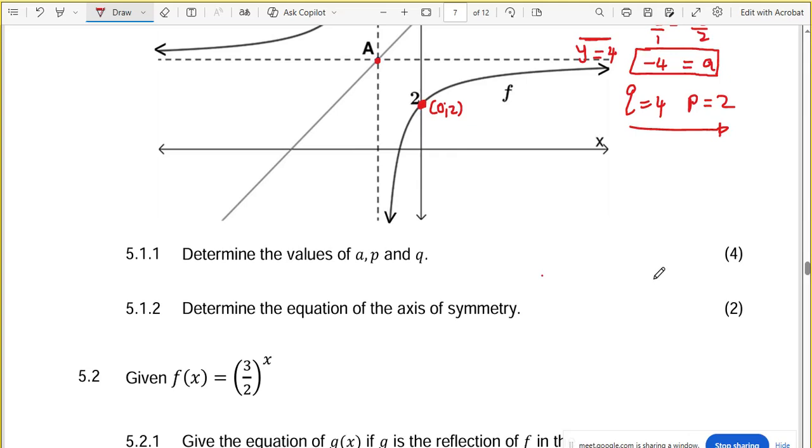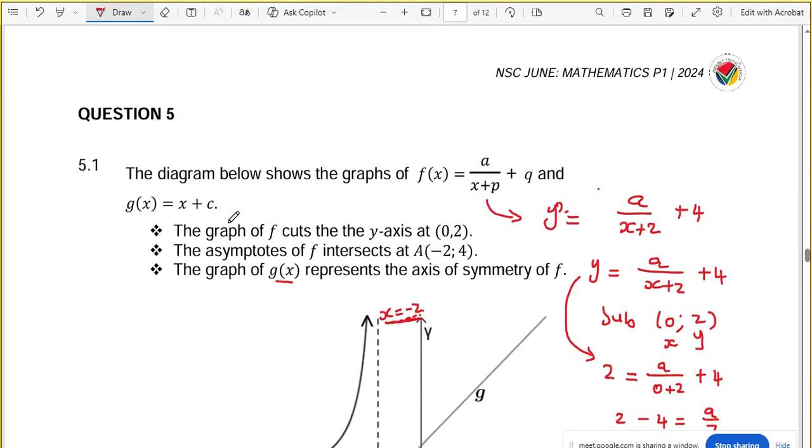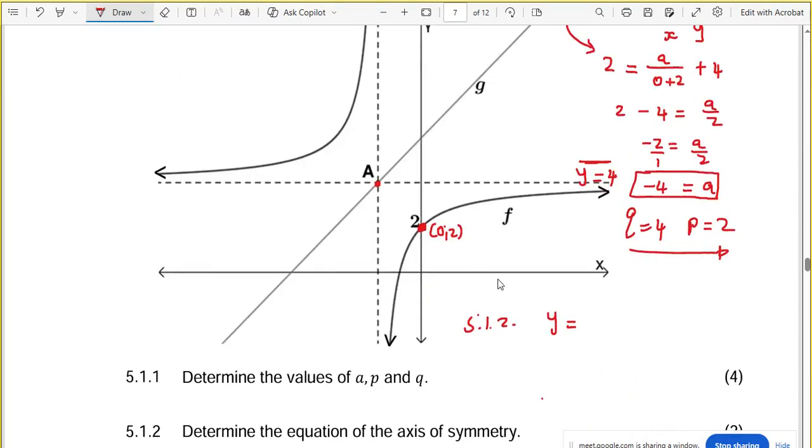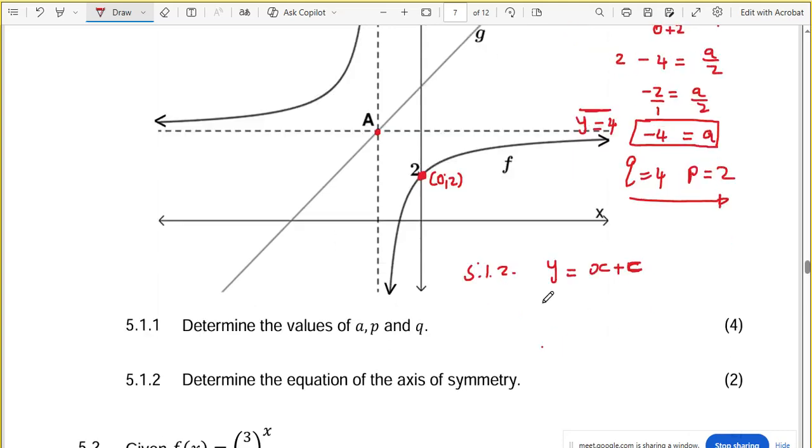Okay. So determine the equation of the axis of symmetry. Remember, to find the equation of the axis of symmetry, to answer this 5.1.2, it's given that y is x plus c.